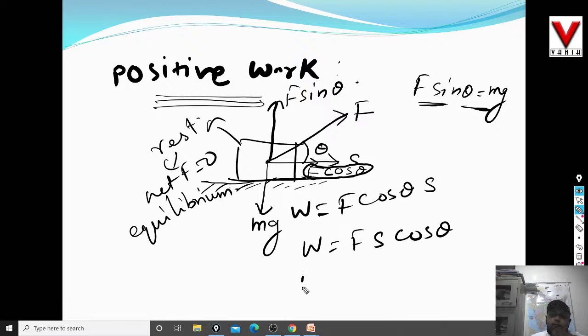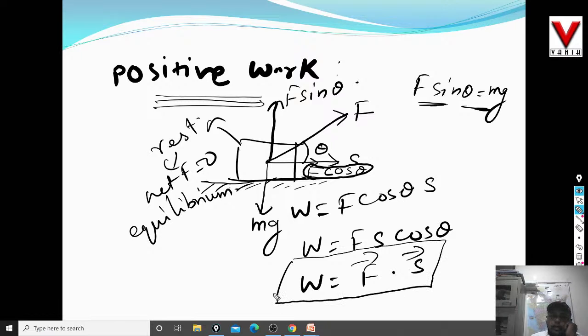If I want to write this in the form of vectors, how can I write this? This can be written as F vector dot S vector, because the dot product is resolved in terms of cos theta. So W is equal to F vector dot S vector.